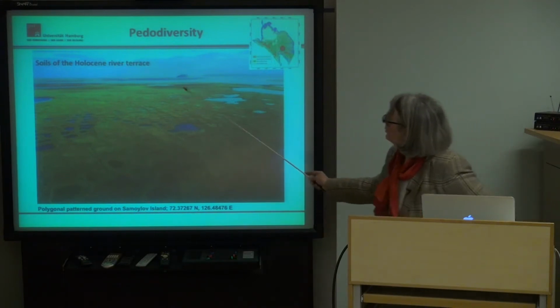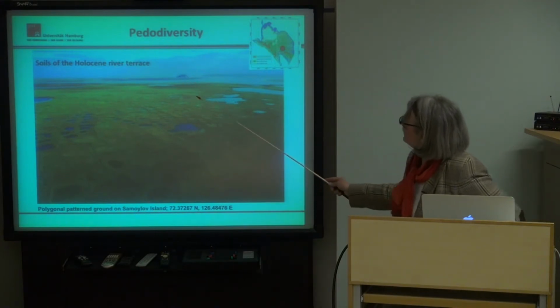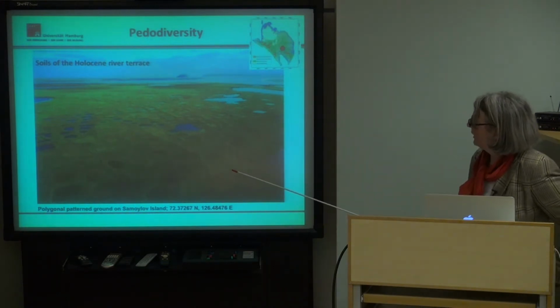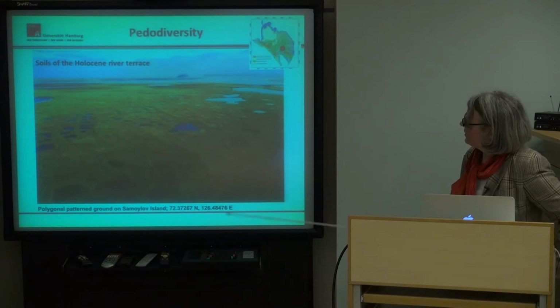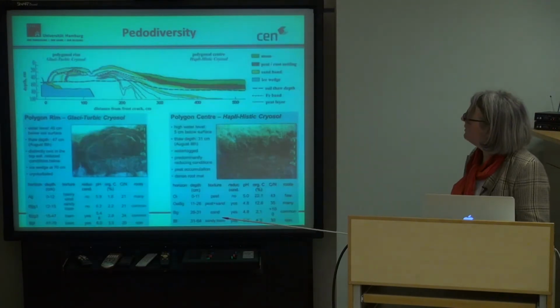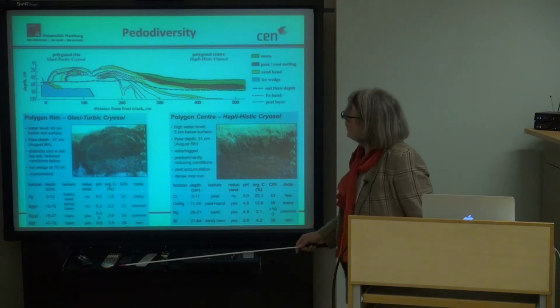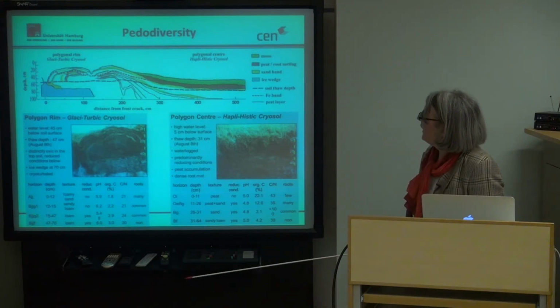And here, just in the background, you can see Stolb Island, which is built of pure calcareous rock. So we have these nice young floodplains, this first terrace.